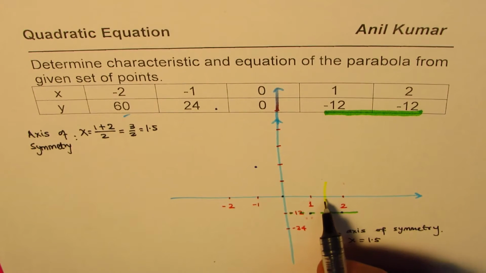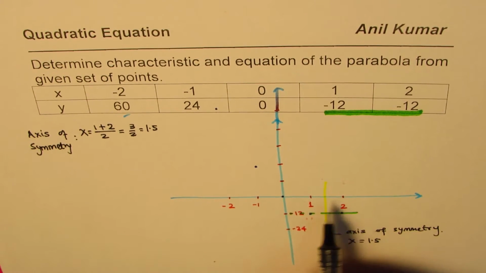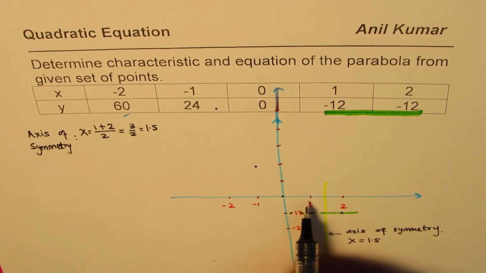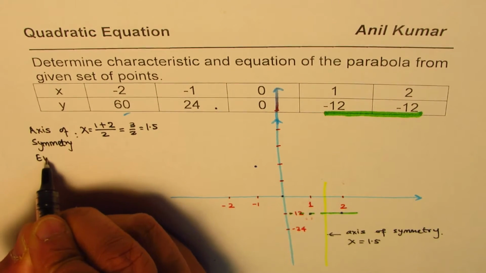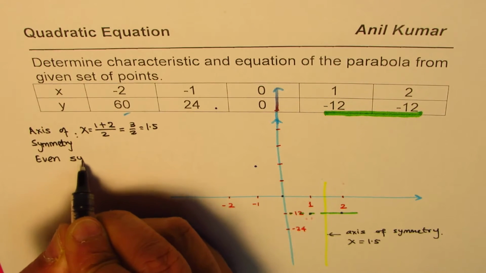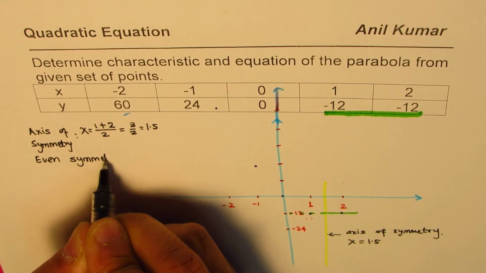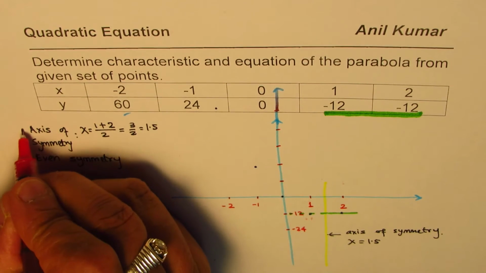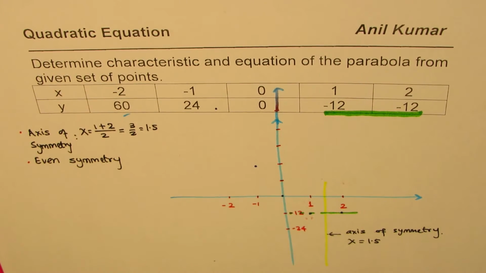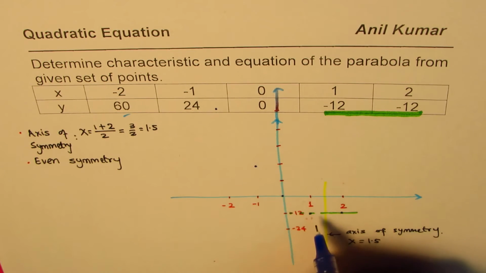Now once we know axis of symmetry, we know one more thing. That is, a parabola has even symmetry, right? So what is even symmetry? That is to say that it is symmetric about the axis.